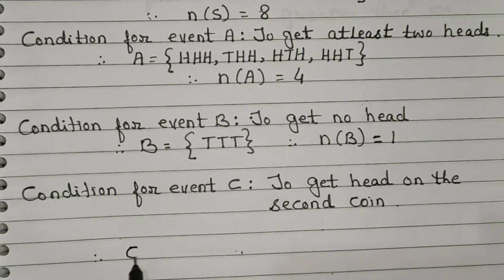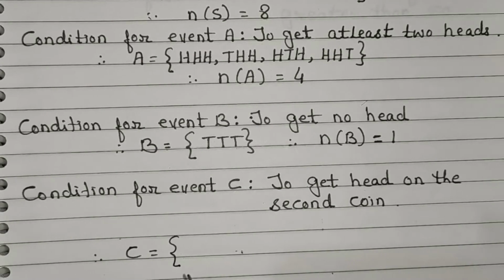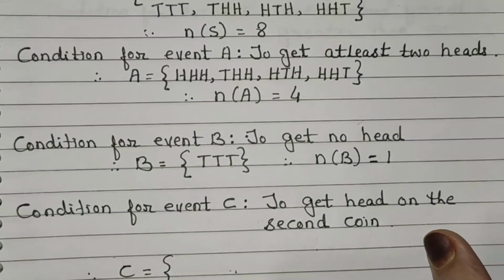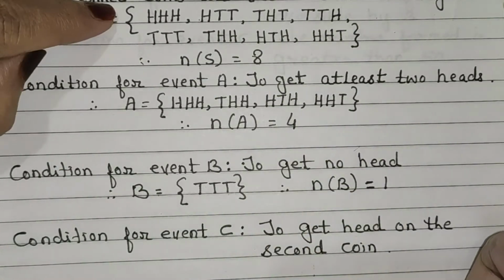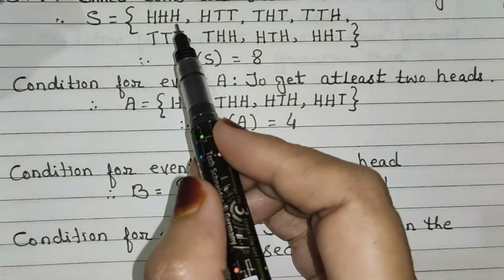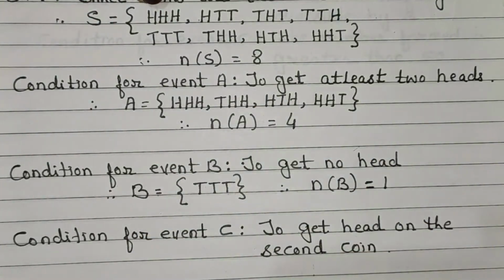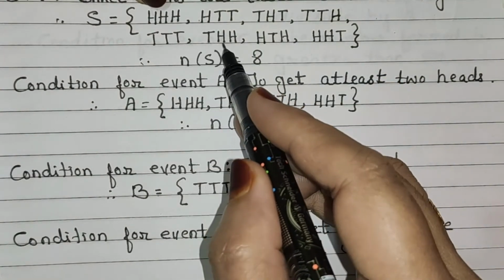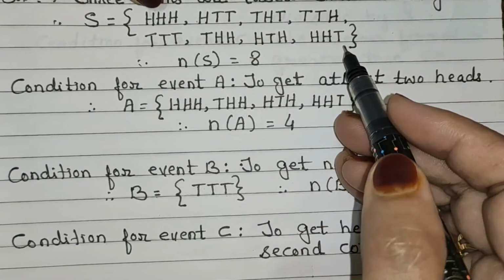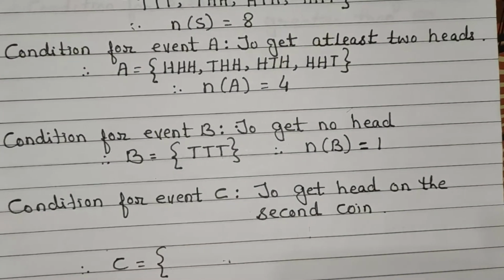Therefore, C is equal to, now look at here, sample space. Head on the second coin is H, H, H and T, H, T and T, H, H and H, H, T. Write down here.